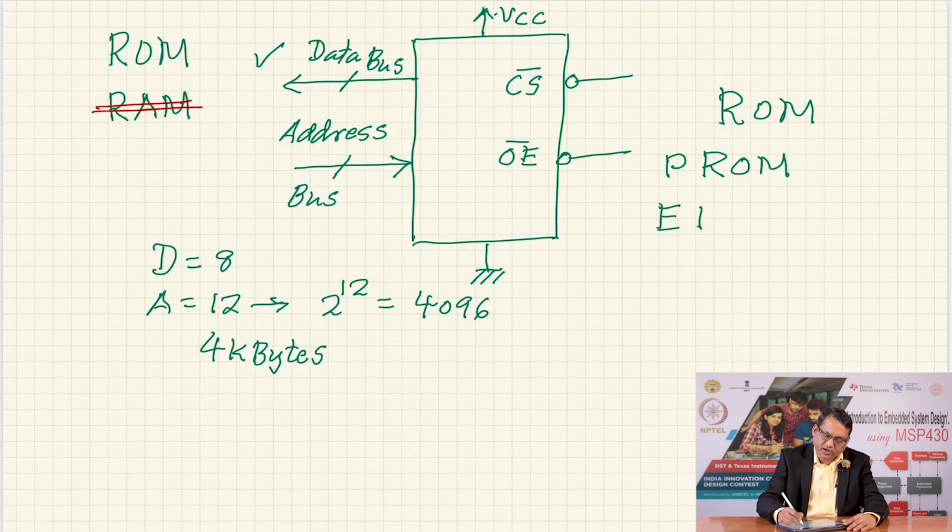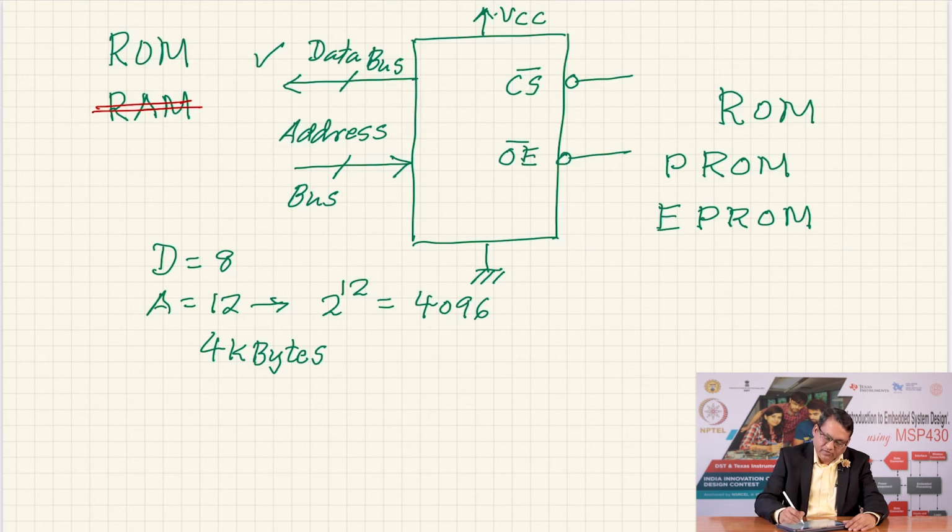One of the older ones was called EPROM, that is erasable programmable read-only memory. This device could be erased with the help of ultraviolet light, which was shone onto the chip through a special window at the top of the chip, and then you could program it using a special programmer electrically.